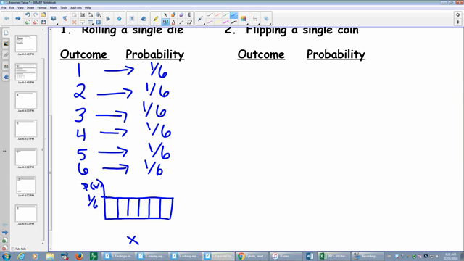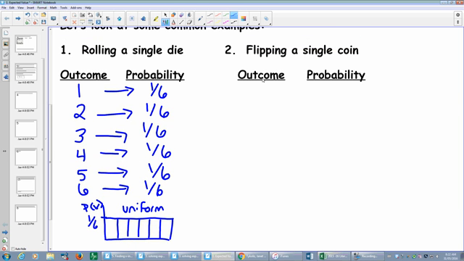And this is a uniform distribution. The probability that you will roll a 1 through a 6 is all uniform. The dice isn't loaded. Each of those has an equal probability of that event occurring.